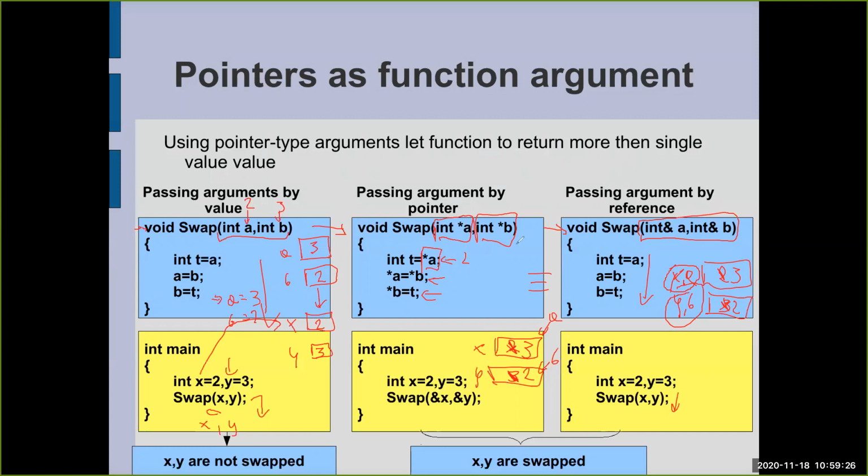Here, we always need to copy only pointers. So in case of argument passing by pointer, the amount of data which will be copied and memory which will be allocated doesn't depend on the variable size. It only depends on the pointer size. Okay.